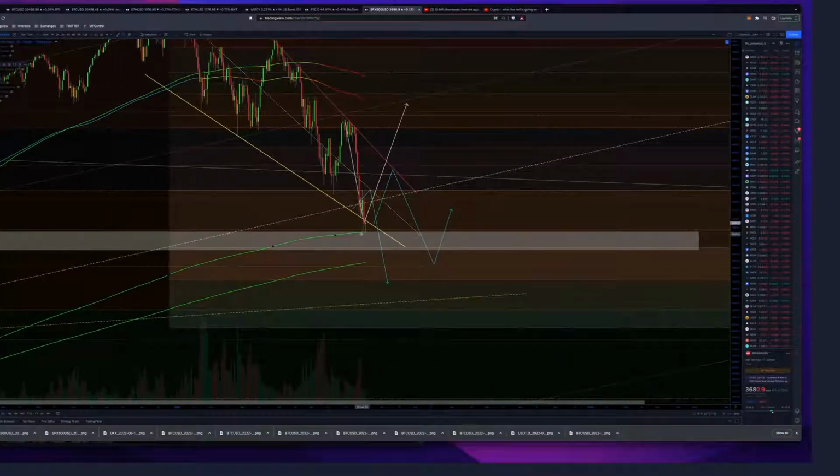First things first, we have two wicks in the making. This is the daily chart, so let's see if we can get a bounce. If we do get a bounce, we have a number of resistance levels, but we might just go sideways.